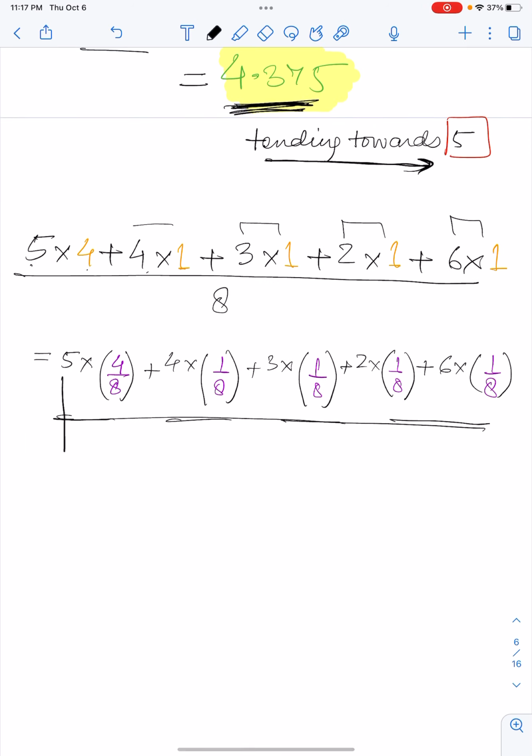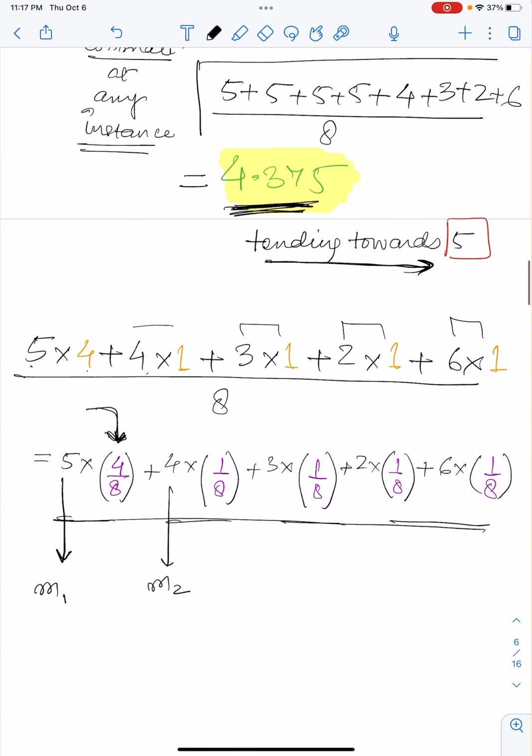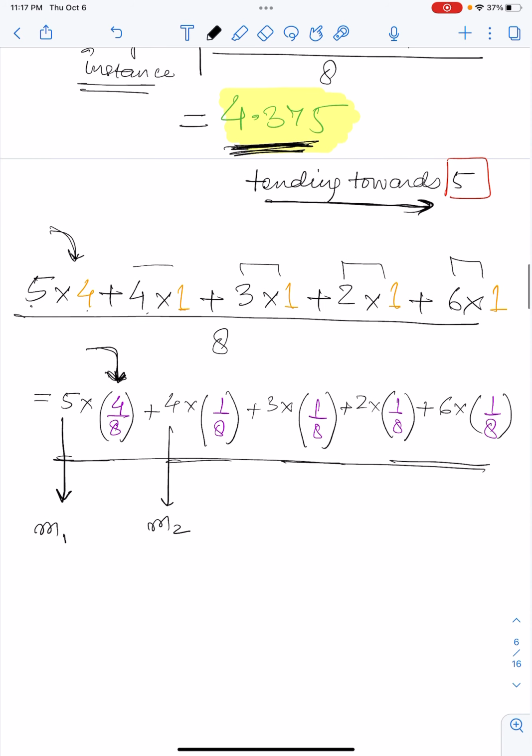So these are the actual values that are going to be assigned, and this is how likely each is. This is why we were saying that it is tending towards 5, because 5 was more likely to be picked by the banker, because more boxes had 5 in them. So we can say that 5 was more likely to be picked by the banker.